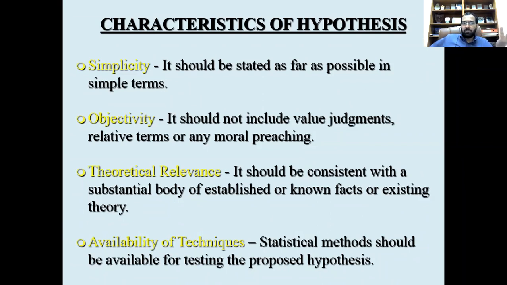There is no need to do it, because then you lose your objectivity. Theoretical relevance: it should be consistent with the substantial body of established or known facts or existing theory. That is very important. Whenever you present your hypothesis, it must be consistent with the established facts.